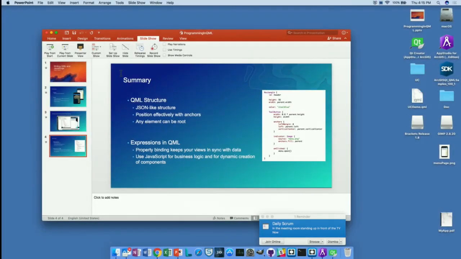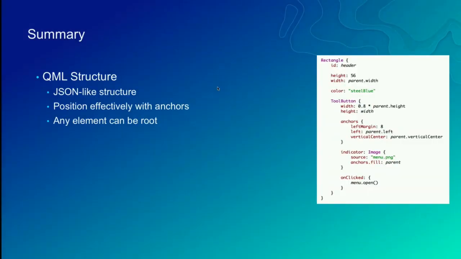So I want to conclude by just recapping the two main concepts we talked about. First, we looked at the structure of QML code, and remember it's a JSON-like structure. You can position effectively using anchors, and any element in QML can be your root element.